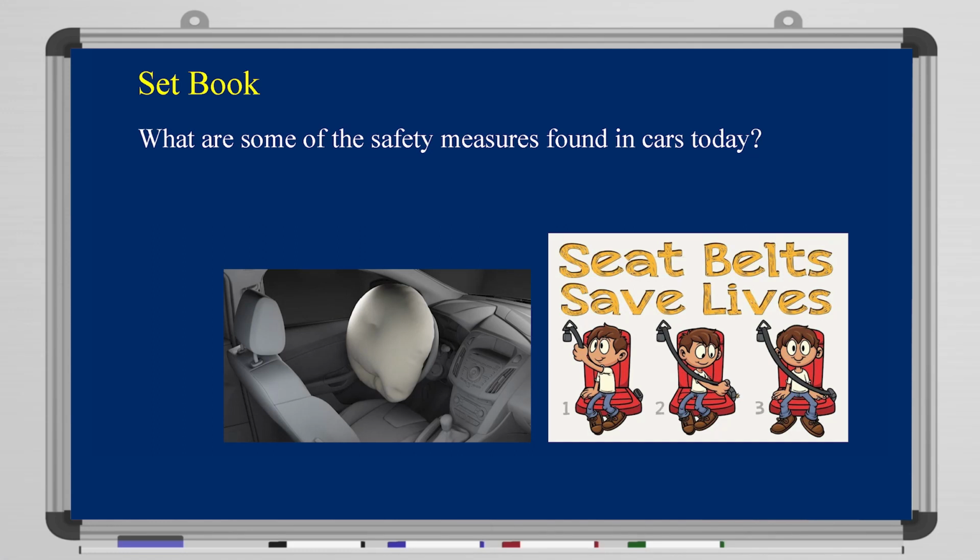Alright, so now let's take a look at another question. What are some of the safety measures found in cars today? So how can car manufacturers help us to avoid and to prevent car accidents? There are so many features of the cars nowadays, right?